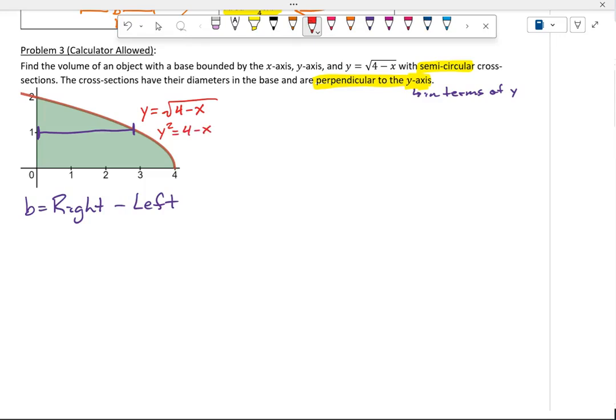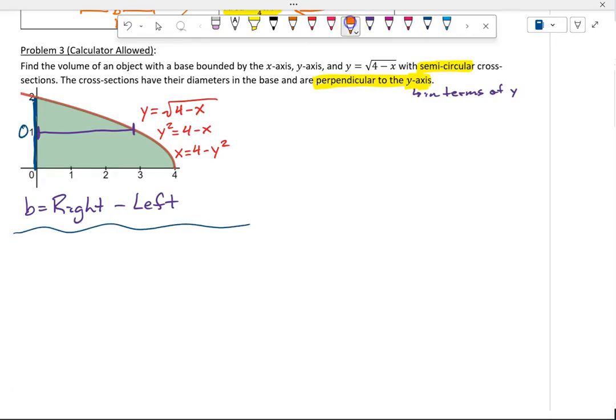Some people like to subtract the 4 and then divide by negative. Some people like to add the x and then subtract y squared. Doesn't matter. Your end result is going to be x equals, you can either write it as negative y squared plus 4 or 4 minus y squared. Either way would be correct. So that is our right. What is our left-hand equation? Yep, 0, our y-axis.